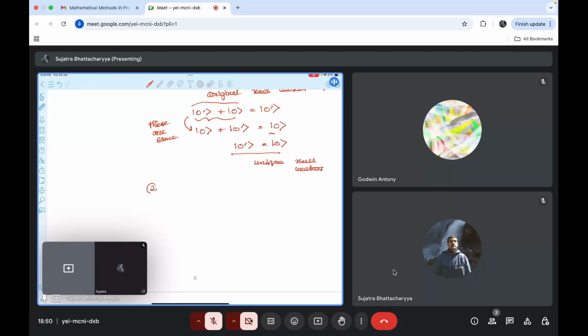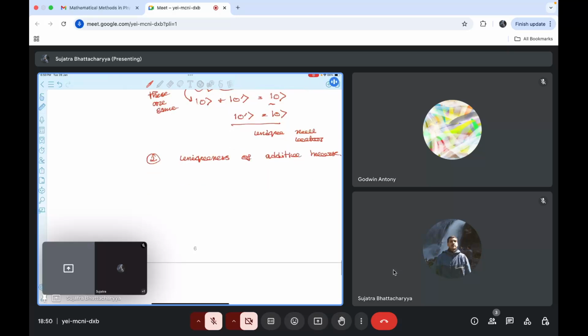Similarly, there is a uniqueness of the additive inverse. Again, in the same way we will go. Let us consider that two additive inverses exist for a particular vector.